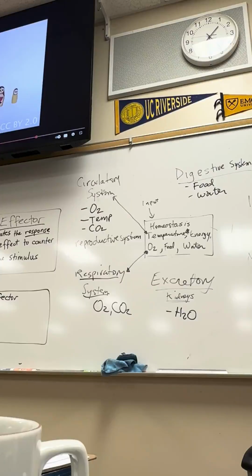Okay, so in our example here with the thermostat, we got the stimulus, it's cold outside, temperature drops, and then the sensor in the thermostat detects that the temperature dropped, it's too low, and tells the control, the computer chip, to then turn on the heater.